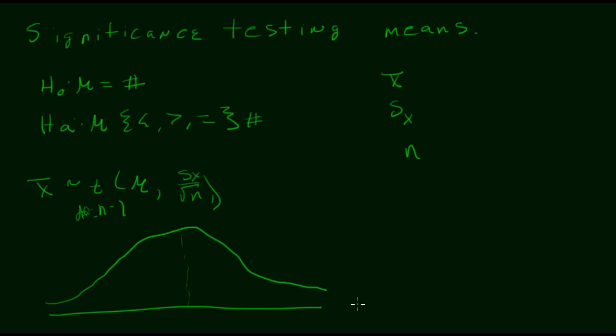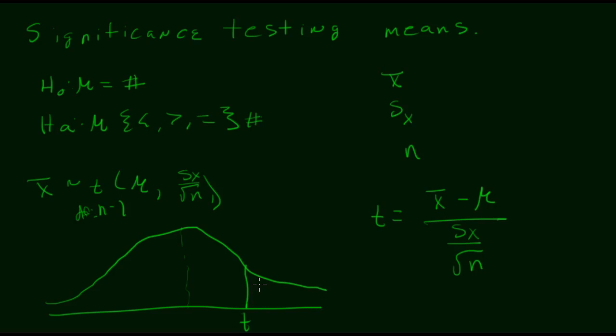Assuming the null hypothesis is true, we're going to create a t test statistic, which is my x bar minus my mean over s_x over the square root of n, right? So this gets me my t sample statistic, and let's say here's my t sample statistic.